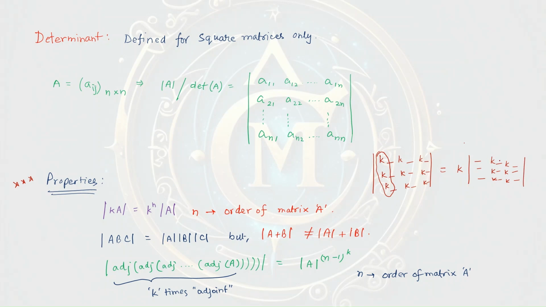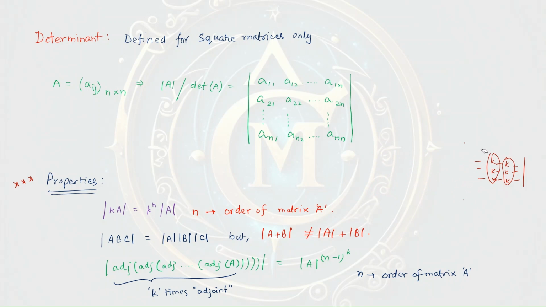Similarly, if you pull out all the k's from this column, you will again get a k, so k square, and if you pull out this 2, this becomes k cube. So this property you have to keep in mind.